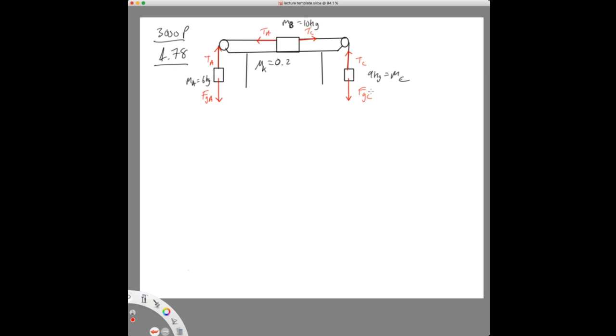Now, because the mass on the right is bigger, I am expecting that this object is going to move to the right. So I really should draw TC a little bigger than TA. So let's just adjust that a little bit. So make it a little bit bigger.